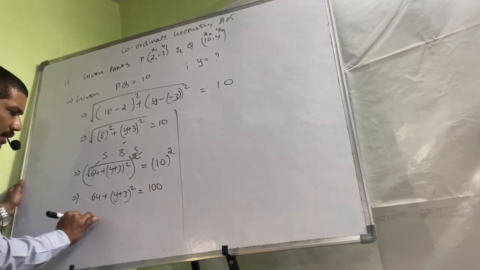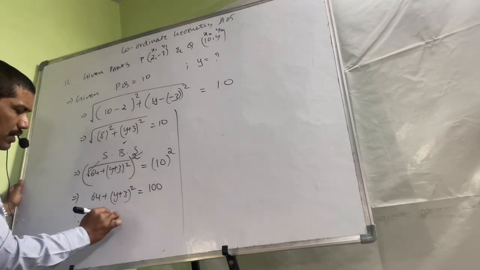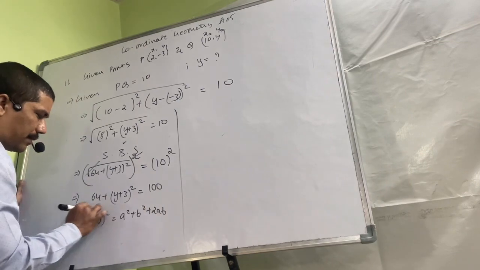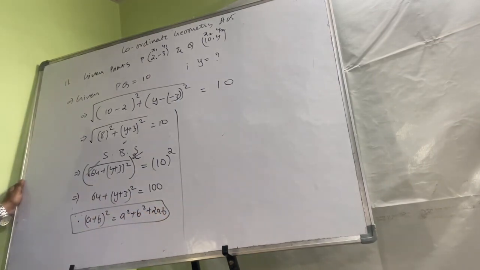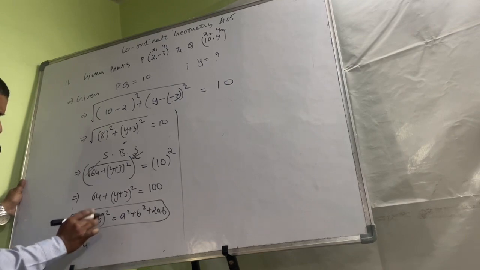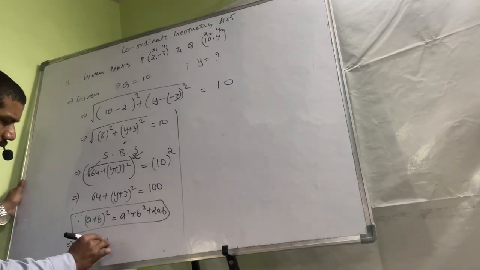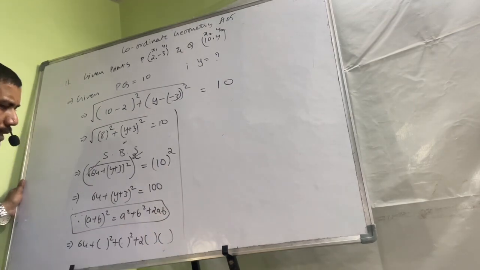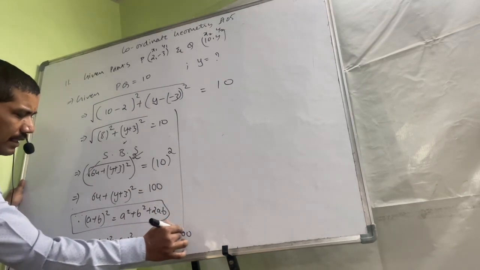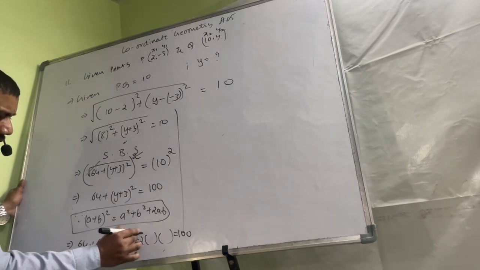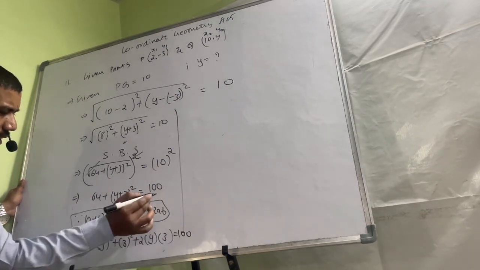Now I am applying the formula (a plus b) whole square is a square plus b square plus 2ab. What is our a? y. Our b? 3.